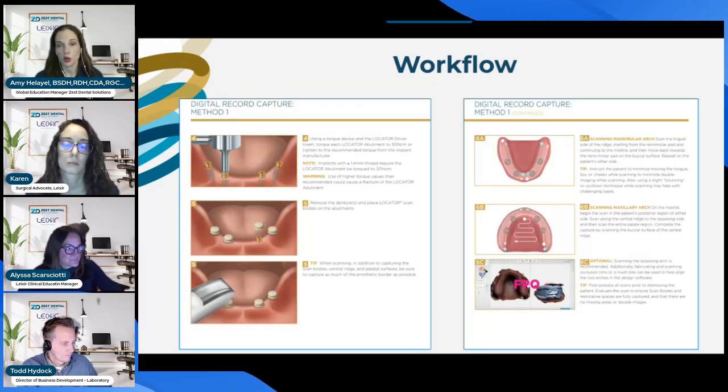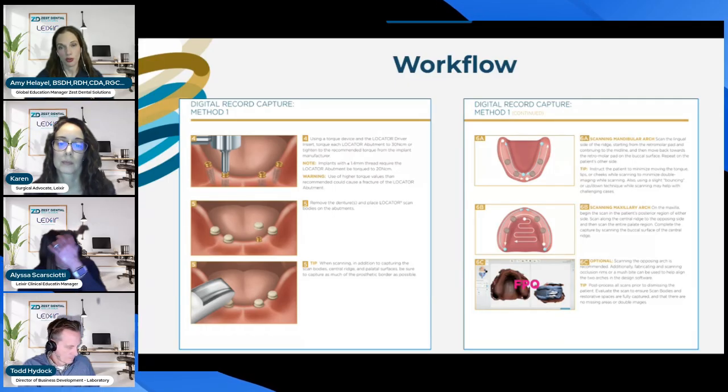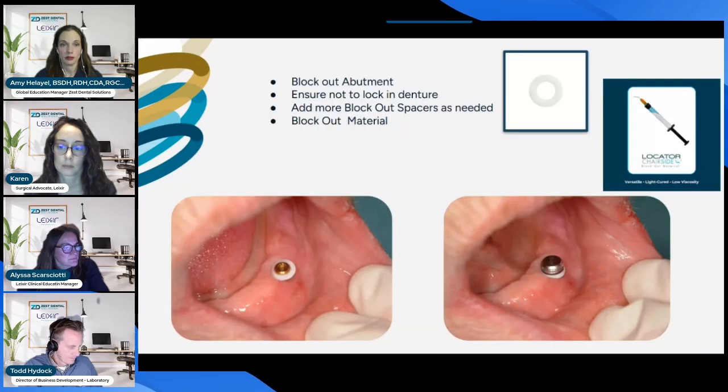If you do want to go with digital, we also have scan bodies where you could scan, and we are going to highlight scanning on our third webinar series, the digital and analog workflow. So we'll get into greater detail on that at our third webinar. But we do provide scan bodies, and you can scan that and send that to Lexir as well, and they can fabricate off of a digital scan.